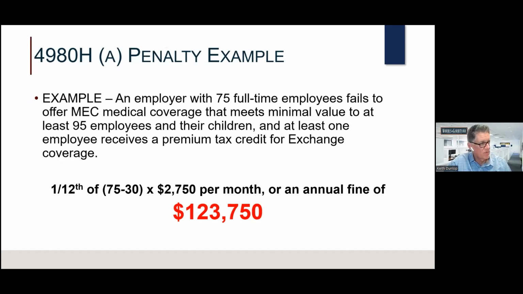In practice, what this means for the A penalty, if you are a 75 full-time employee company, you're looking at a penalty of $123,750. So as we've seen in years past and currently now, these penalties get very big very fast.